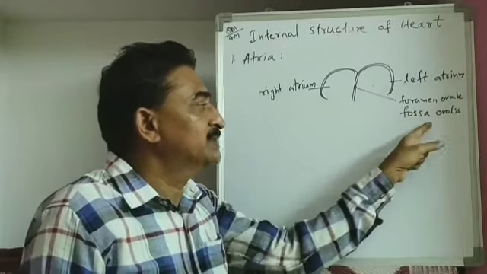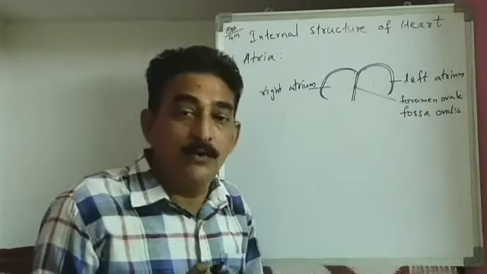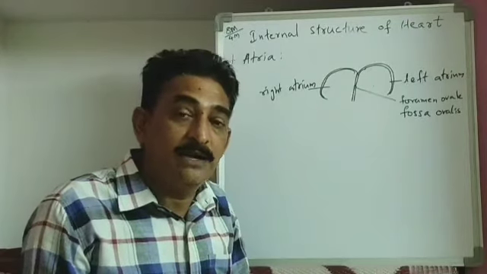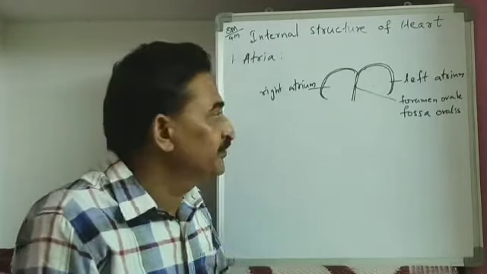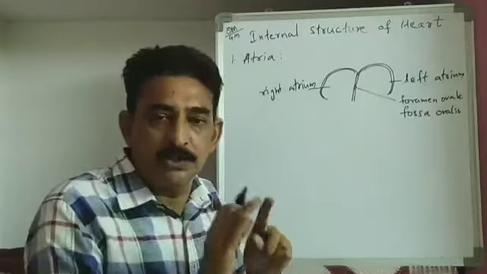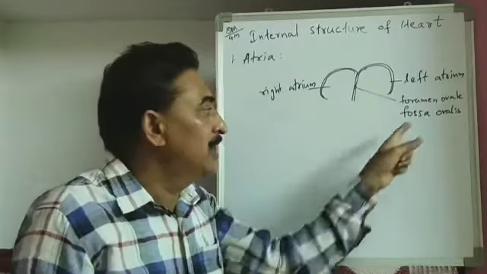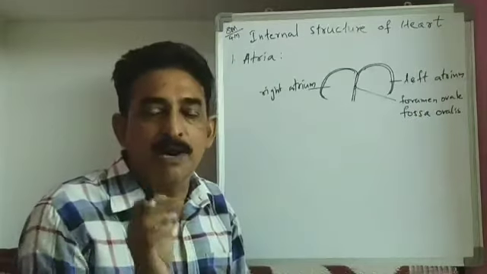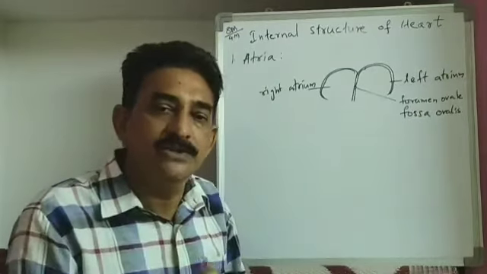That is called fossa ovalis, a small notch or pit-like structure.